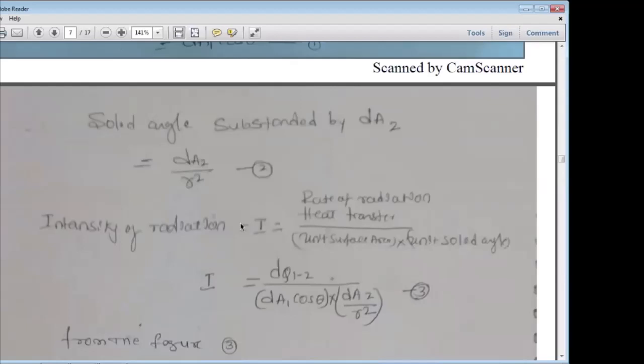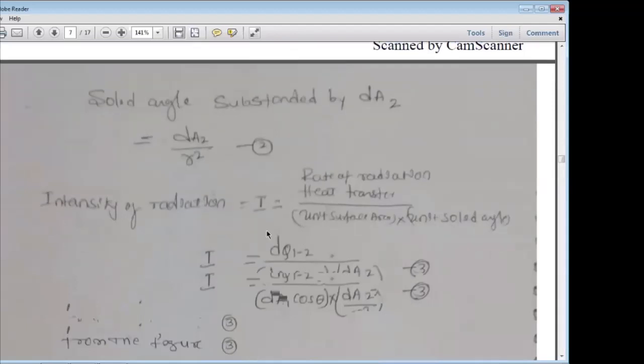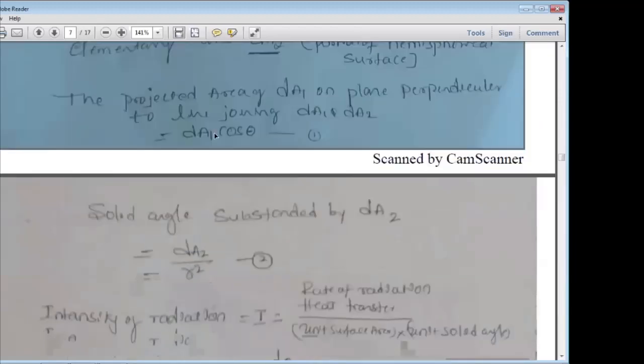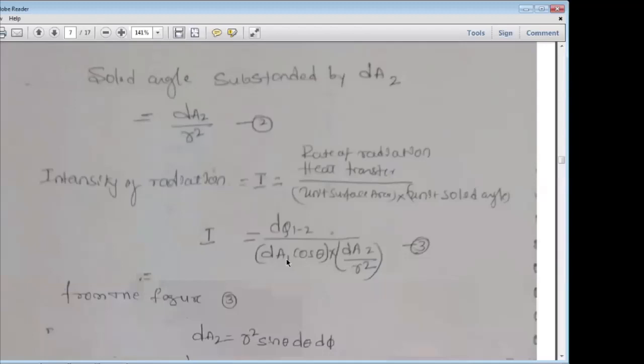So I is equal to the rate of radiation heat transfer between the surface areas dA1 and dA2, that is dQ12, divided by the unit surface area, which is the projected area of dA1 on the plane perpendicular to the line joining dA1 and dA2, that is dA1 cos theta, and by the solid angle dA2 over R square. This is equation number 3 here.